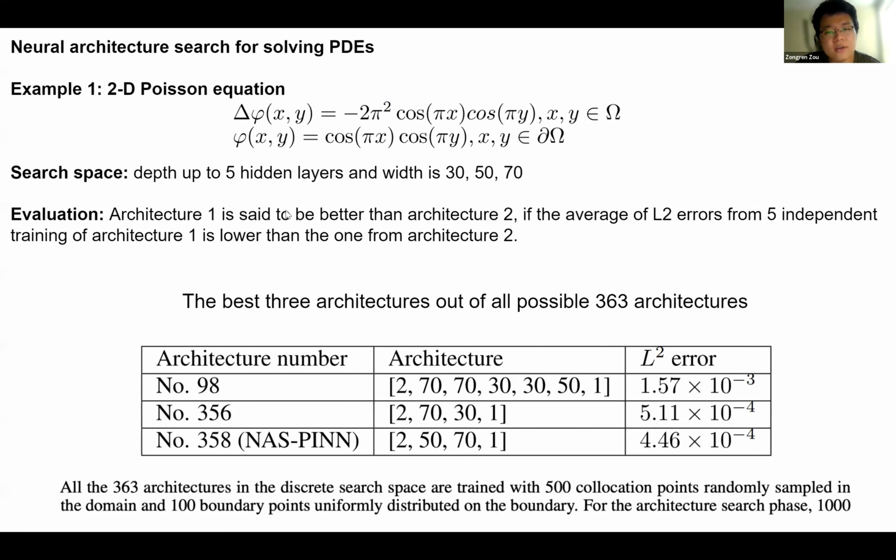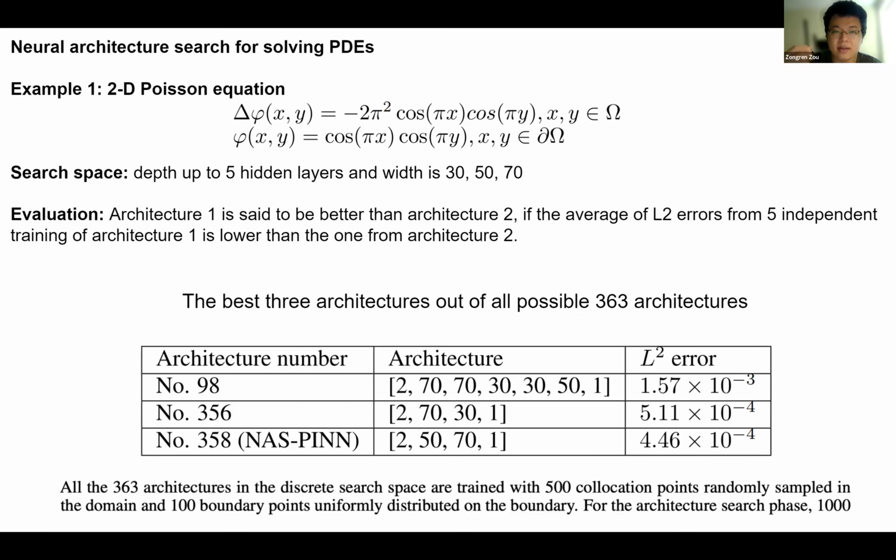For this case, the search space is of finite dimension, so it means that we can test all the candidate architectures, and because of this, no method can beat the grid search method, right? The grid search method investigates all the possible options, and it is able to find the best one.